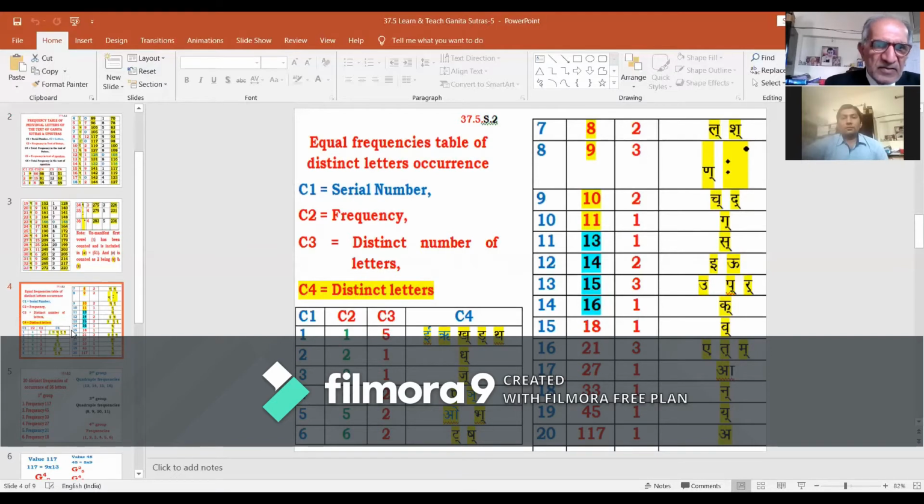This table with C1 is a serial number, C2 is the frequency of occurrence of distinct letters, C3 gives the number of distinct letters, and C4 tabulates the corresponding distinct letters.